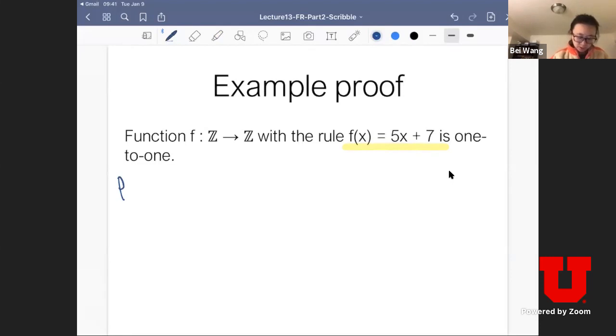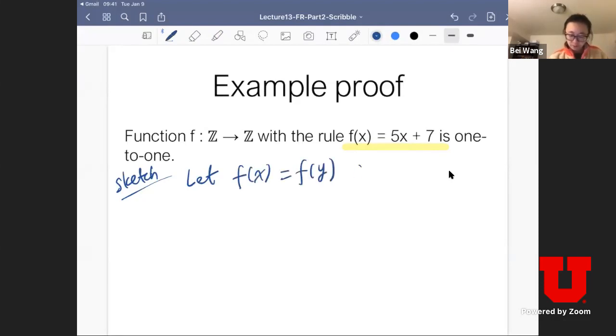As I mentioned, the proof sketch is, let f(x) is equal to f(y). We want to show x is equal to y.